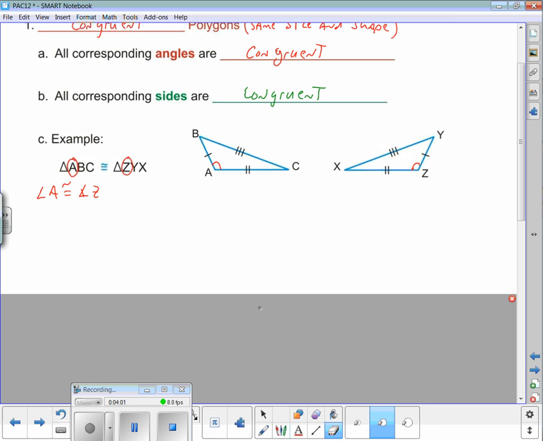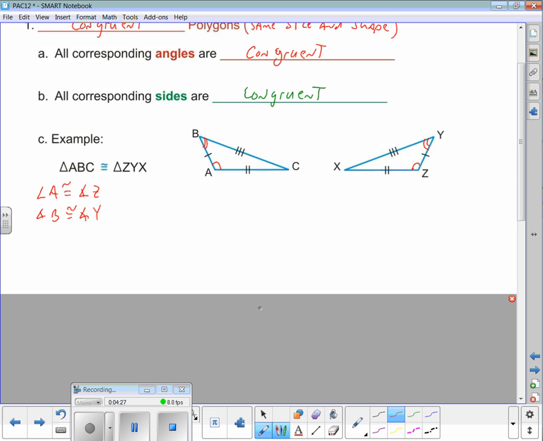Secondly, I would go next to the second letter. So the left-hand side, second letter is angle B. And angle B would be congruent to what angle? Almost everybody in class was able to see that it's angle Y. So I'm going to go up to angle B on the left triangle and put 2 arc marks, and go up to angle Y on the right triangle and put 2 arc marks.